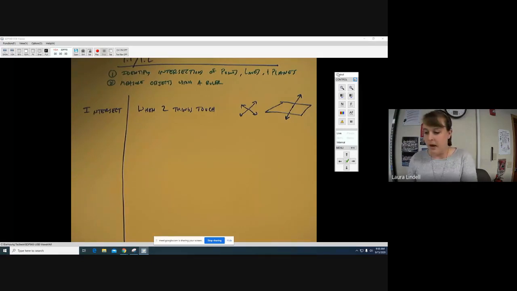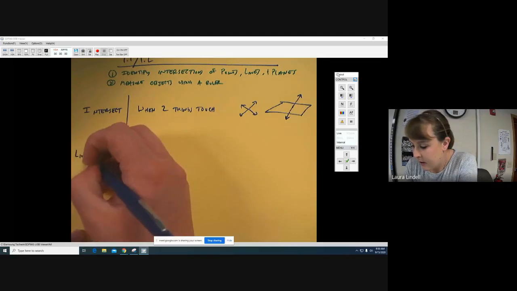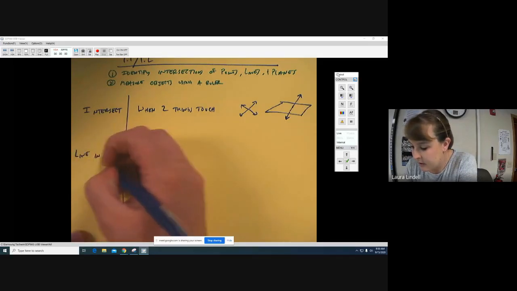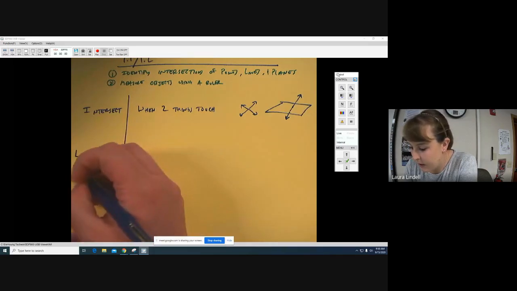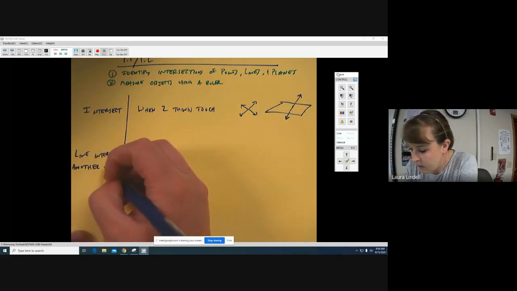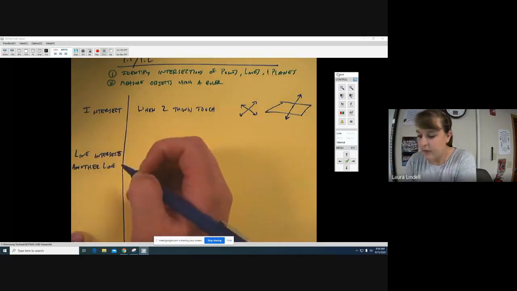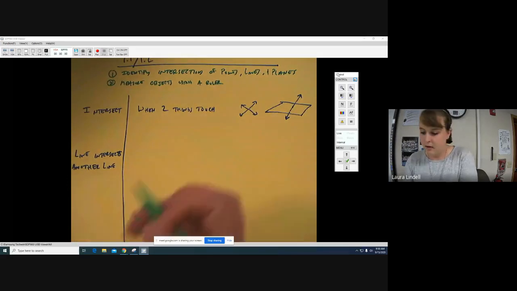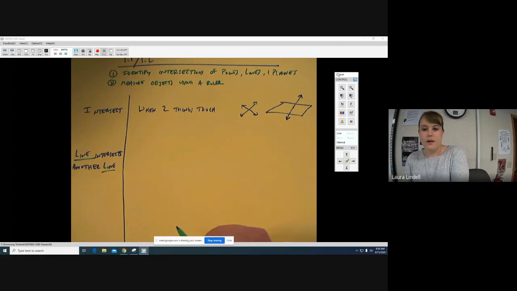Okay, so there's a couple different standard things that happen when certain types of objects intersect. So we're going to talk about what happens when a line intersects another line.